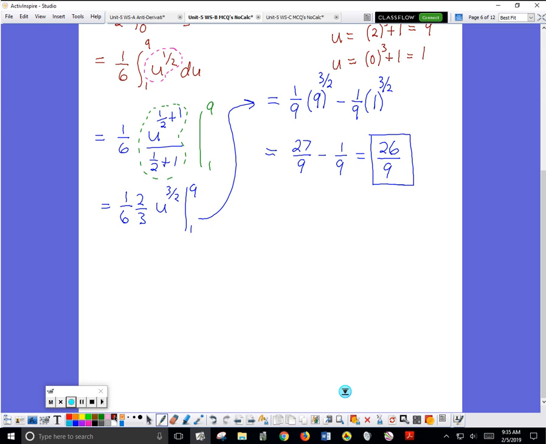When I have 9 raised to the 3/2 power, you can think of that as being the square root of 9 cubed. Or if it's easier, you can think of it as being 9 cubed and then square root. But the top one's typically easier.